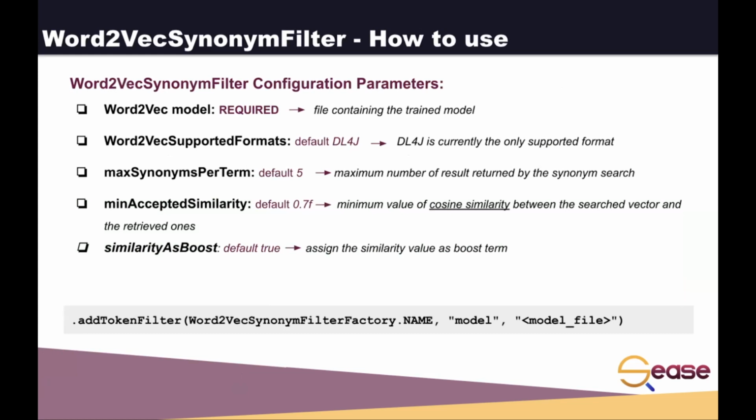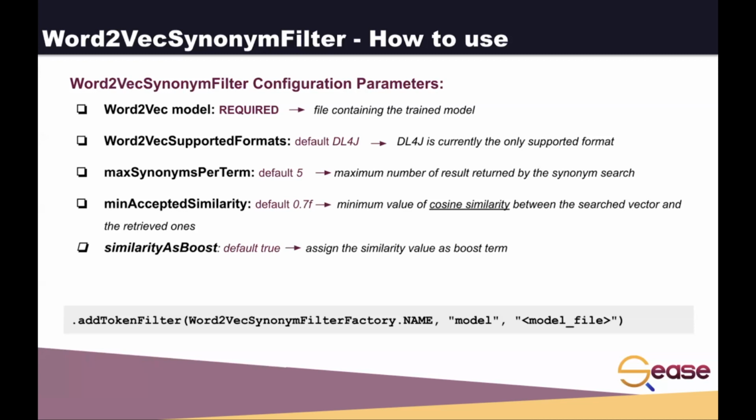So we have this Word2Vec synonym filter that gets some parameters. The model, the zip file of the model generated by Deeplearning4J. We also ask for the format. At the moment, we only support Deeplearning4J, but if you want to implement another model based on BERT, for example, you can do it.